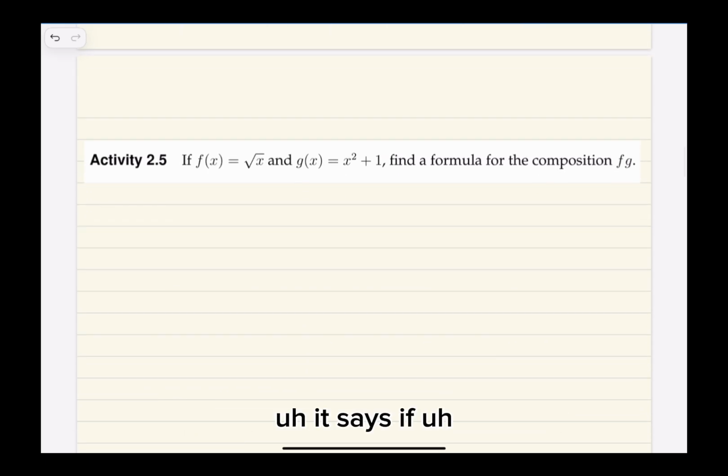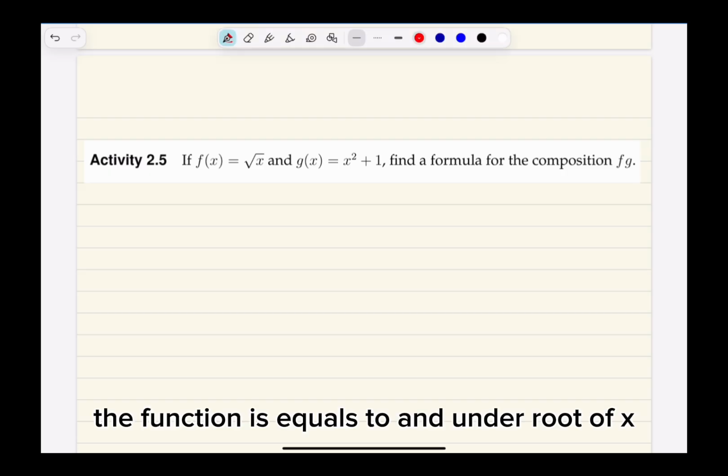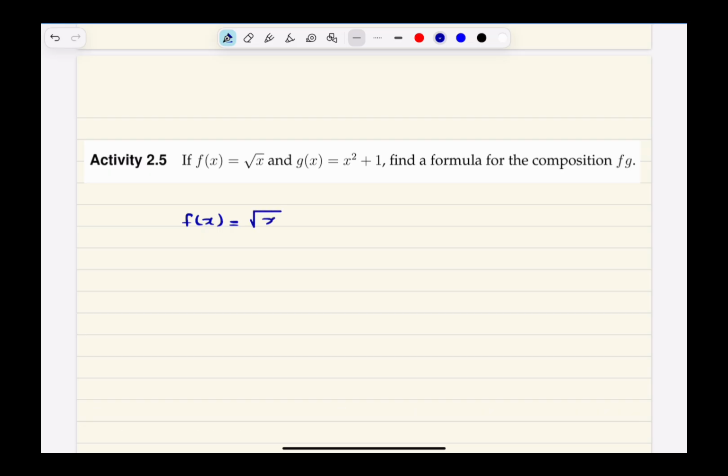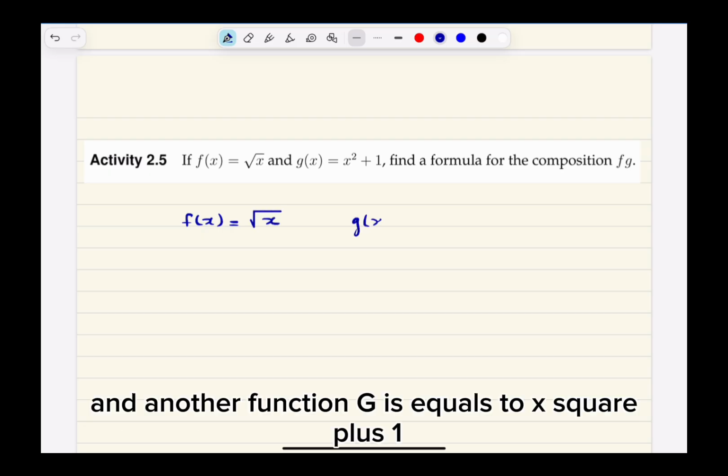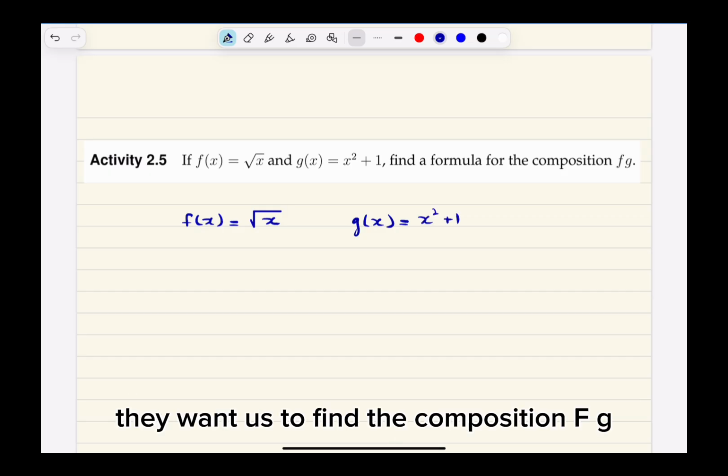Okay, moving on to the next activity. It says if the function f is equal to the square root of x and another function g is equal to x squared plus 1, they want us to find the composition fg.